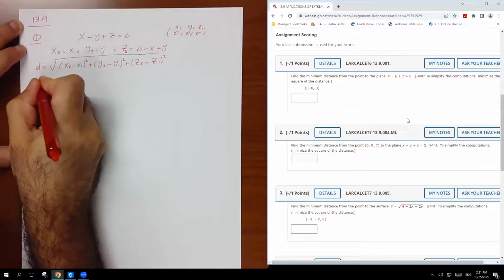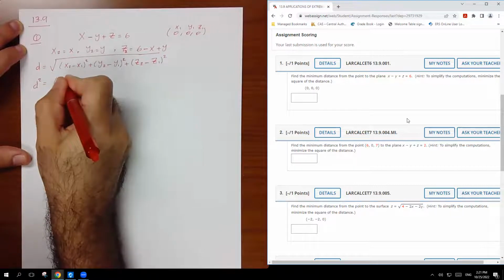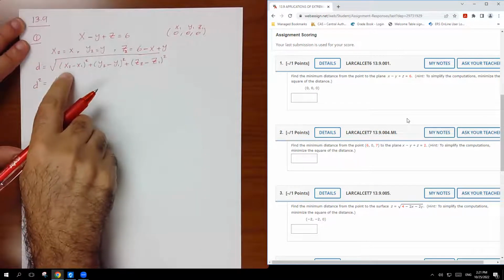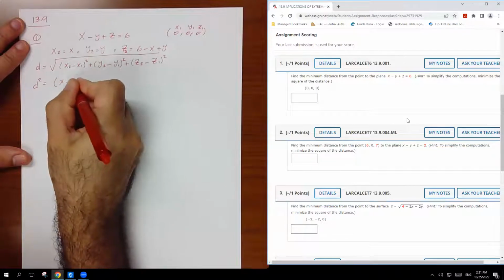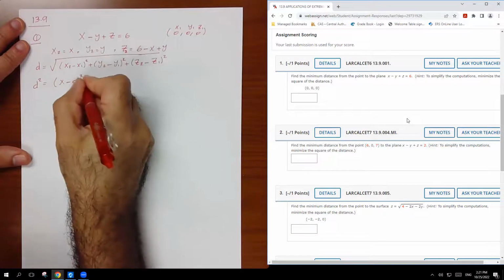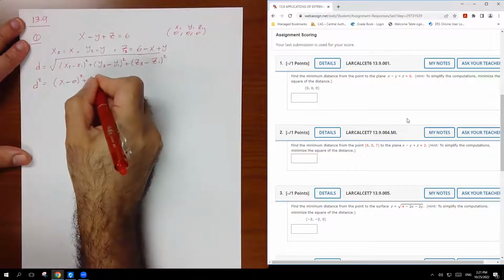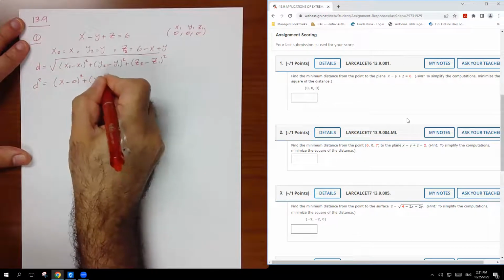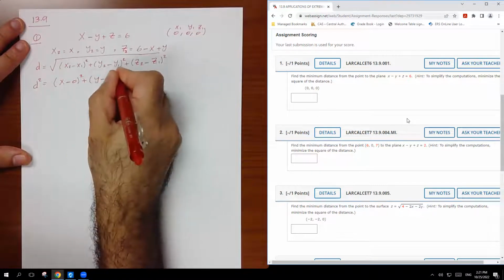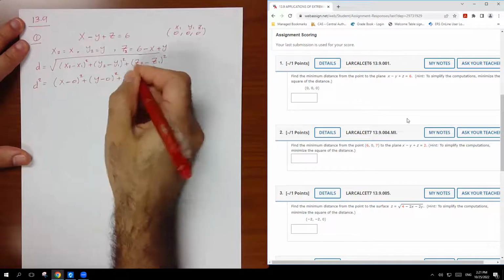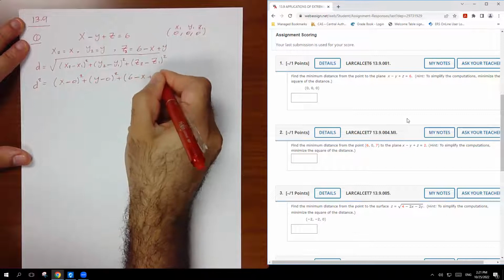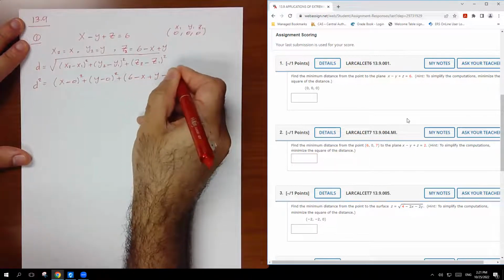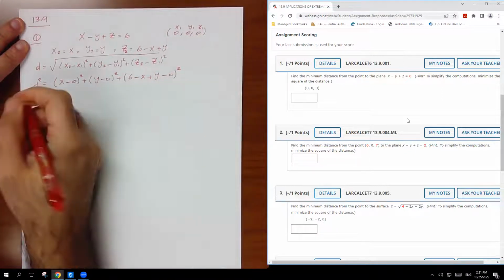So d squared is going to be x2, which is x minus x1, which is 0, squared, plus y2, which is y minus 0 squared, plus z2, which is 6 minus x plus y minus 0 squared.